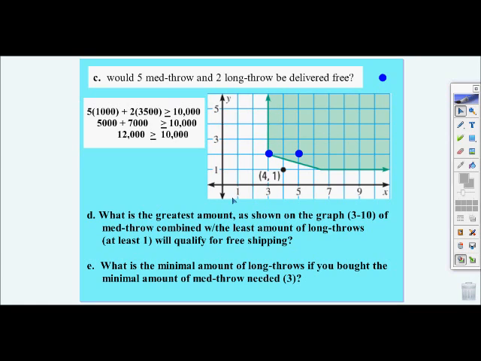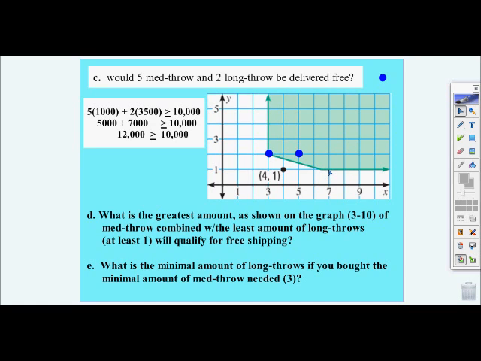I could buy 3 as my minimal, but anything above 7 I could also buy. Because if I bought 7, 1, that's going to be that smallest combination.